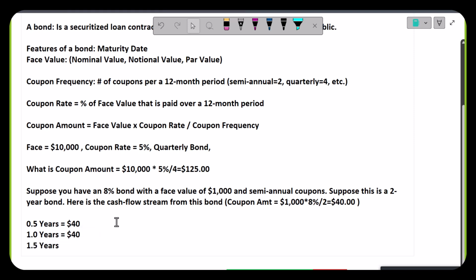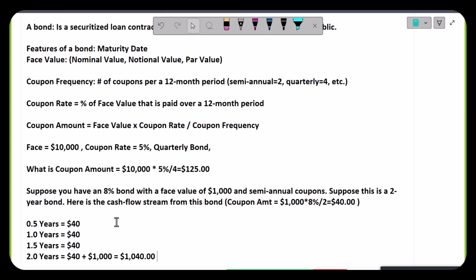In 1.5 years, you're gonna get another 40. And in 2 years, you will get $40 as the last coupon plus the face value. So these are the cash flows from this bond.